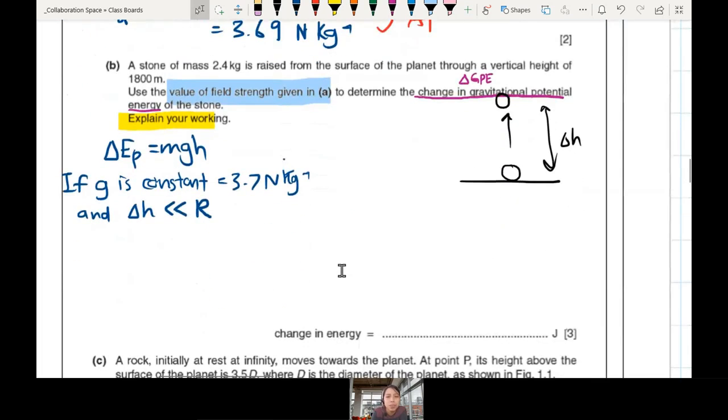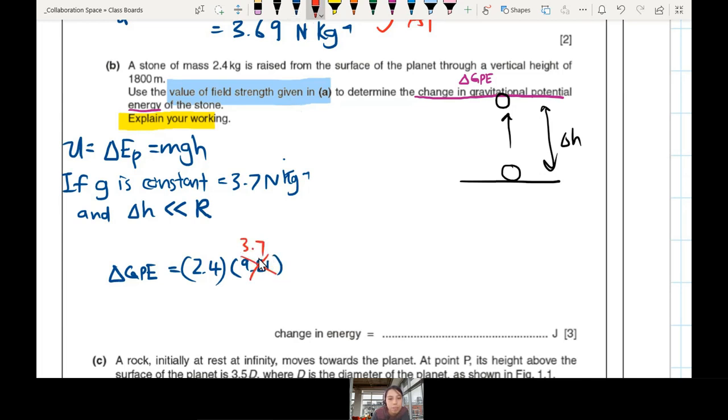Because we know enough information otherwise. So we can calculate EP. Sometimes people use U, or GPE also can. Change in GPE will be mgh. So 2.4. Do not use 9.81, okay? So you say, oh, g is 9.81. Wrong planet.